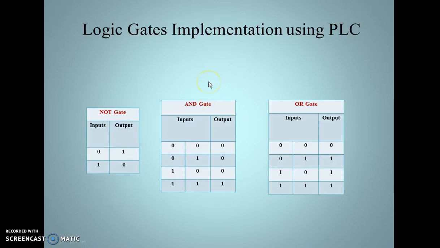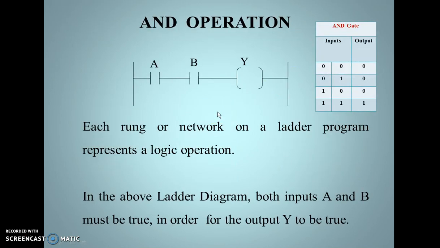So let's try to understand or implement some basic logic gates using PLC's ladder diagram approach. The basic logic gates are NOT gate, AND gate and OR gate. Let's start with the AND gate operation. In case of AND gate, we know that when both the inputs are high or both the inputs are 1, then only we get the output, otherwise not. That we can verify using this truth table.